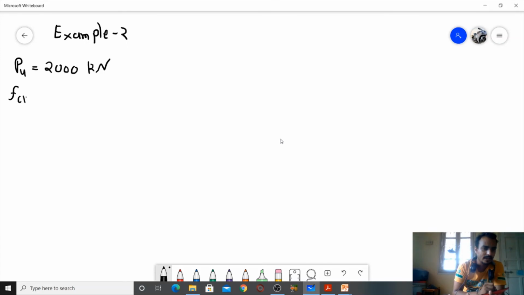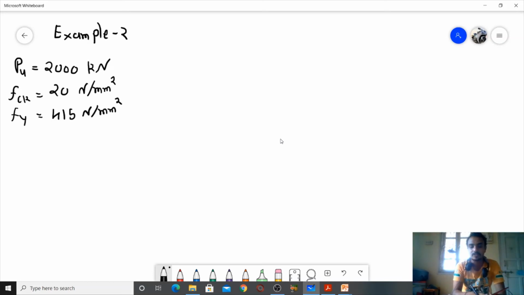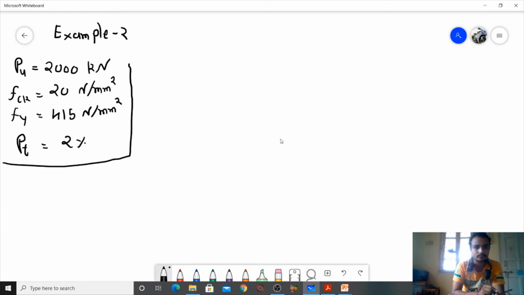Second is fck, 20 newton per mm square. Third, fy, 415 newton per mm square. So this is the given data. And one more thing, we have pt, the percentage of steel, which is 2%.